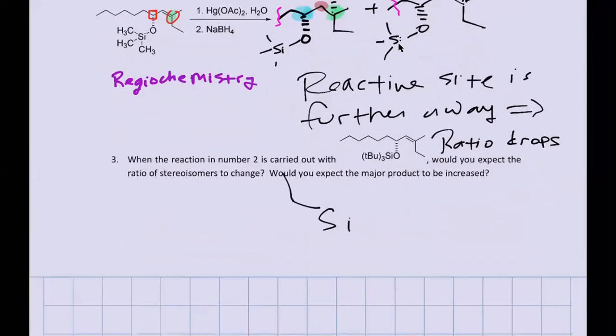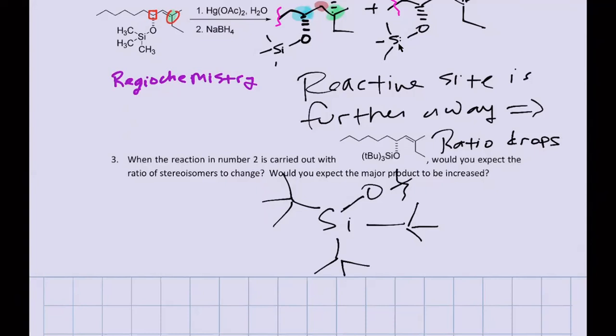You have these 3 tert-butyl groups attached to it, right? And that's bonded to oxygen. So if you change the methyl groups on silicon to tert-butyl groups, what do you think is going to happen to the ratio of the 2 isomers?